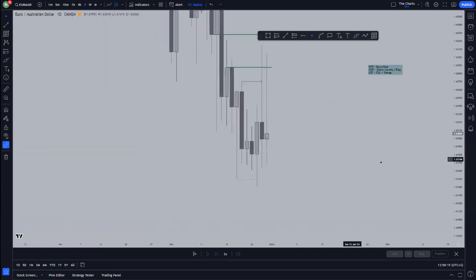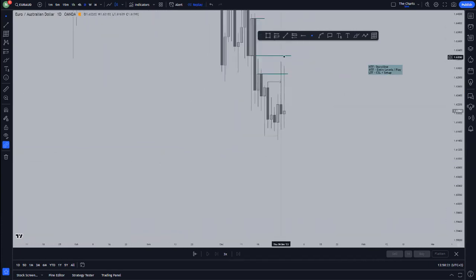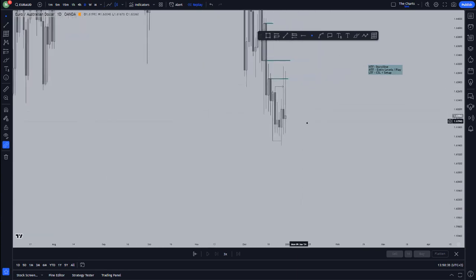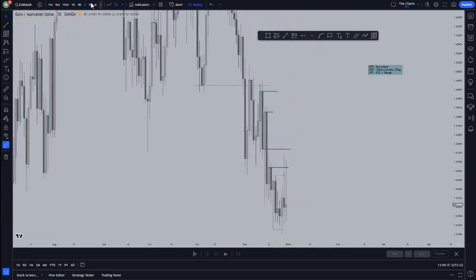This one is not going to be significant. I'm going to see some reactions just up above right there. As you can see, we are filtering out. So the lower time frame is used to confirm a storyline or to help us filter SNR levels that are not going to give us good reactions.